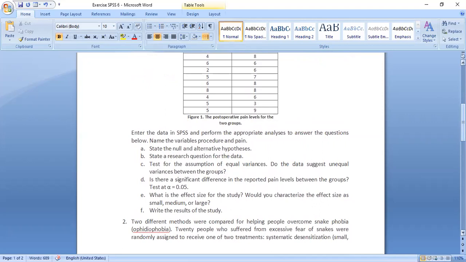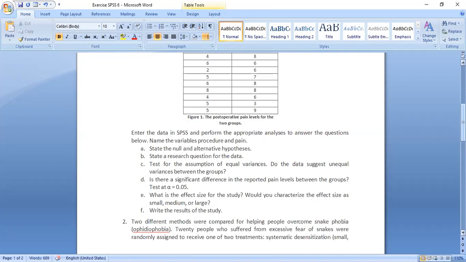State the null and alternate hypothesis. That's A part. B part, we have to write the research question. C part, we have to look at the assumption of equal variances. That is something called Levene's test we have to talk about. D part is we have to look at whether there is a difference in the reported pain level between the groups. So we have to see whether we are accepting the null hypothesis or alternate hypothesis. D part is that.